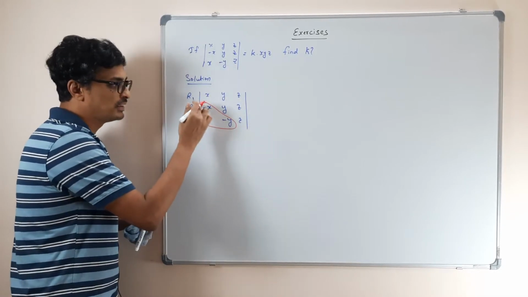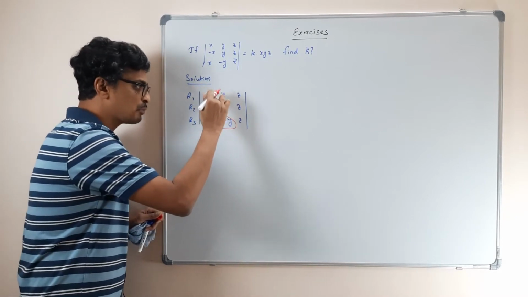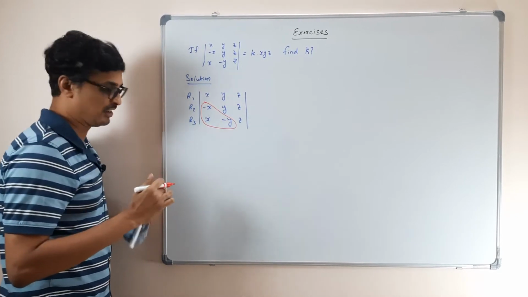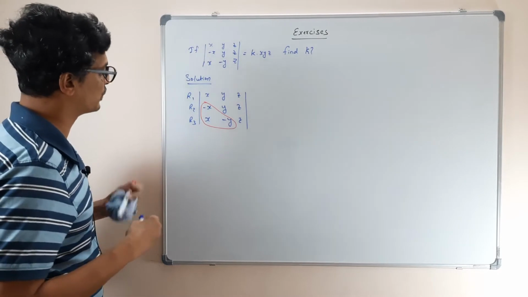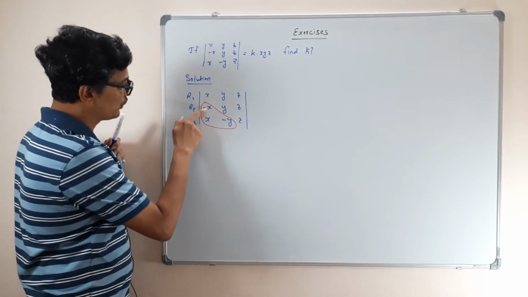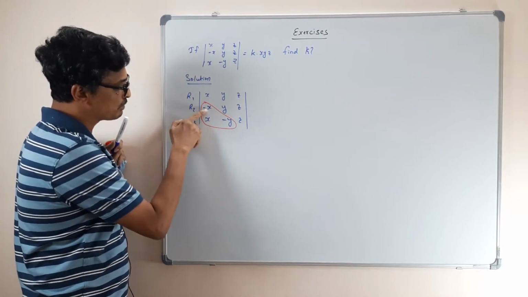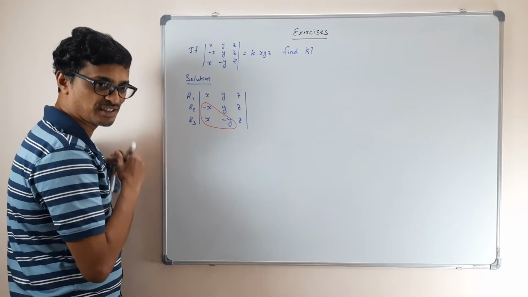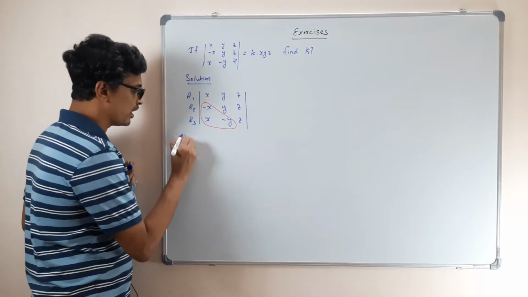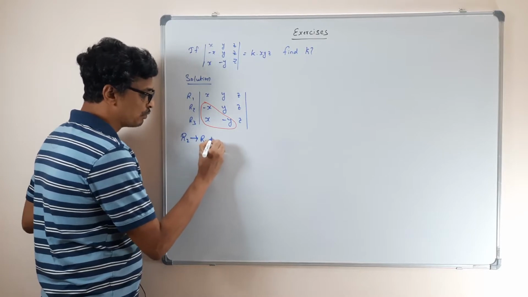If I somehow make this value 0, then my determinant is just the product of all these diagonal elements. So we will see how I am going to make it 0. First, let us see this one I have to make 0. How can I make it 0? If I add row 2 with row 3, then minus x plus x is going to make it 0. The first step is I am going to replace row 2 with row 2 plus row 3.